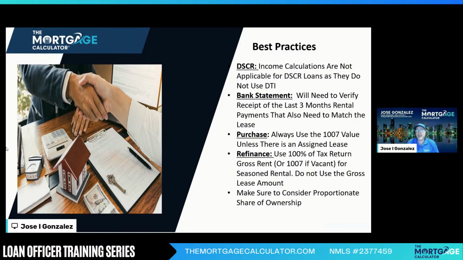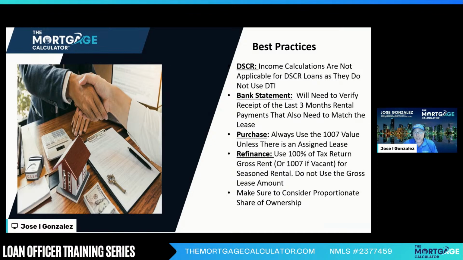Now be careful on bank statement loans that you're not double dipping the income, right? On the bank statement loan, you've got to make sure you back out any lease payments out of the income so that then you can calculate your rental income in one stream and your bank statement self-employment income in another stream.